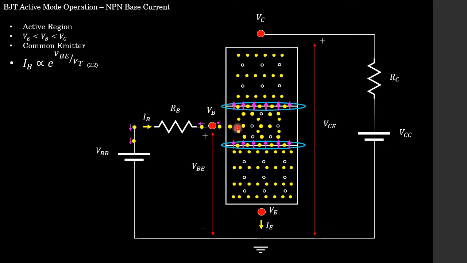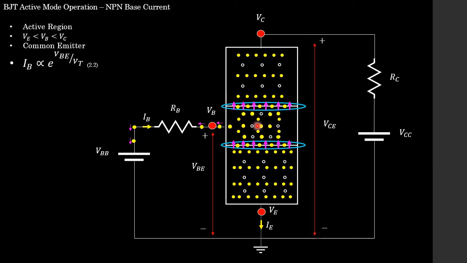And the reason why a lot of them do not move out is because of the light doping nature of our base region. So because it is lightly doped, that means there's not many holes available for all the free electrons that are coming from the emitter region into the base region to combine with. So because there's a lack of holes, there's obviously going to be a lot more free electrons that don't have holes to recombine with. And because they don't have holes to recombine with, they end up coming towards this junction between our collector and our base.